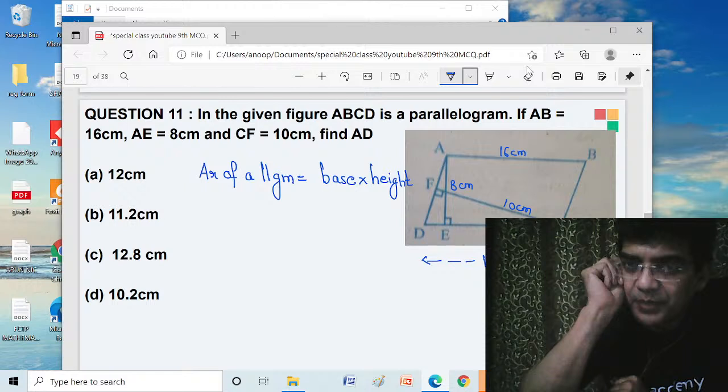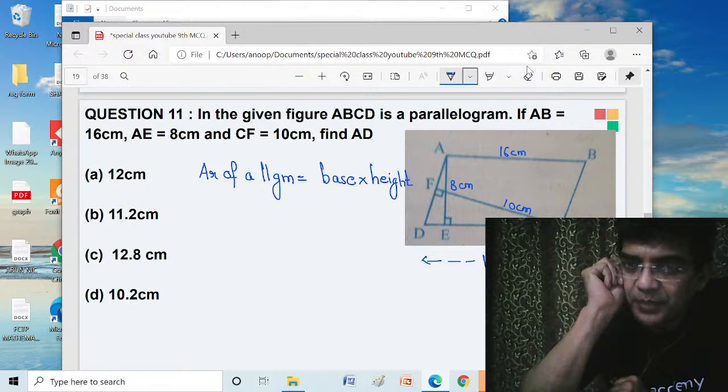So CF is 10. So AD will be 128 upon 10. So that will give me 12.8 centimeter.